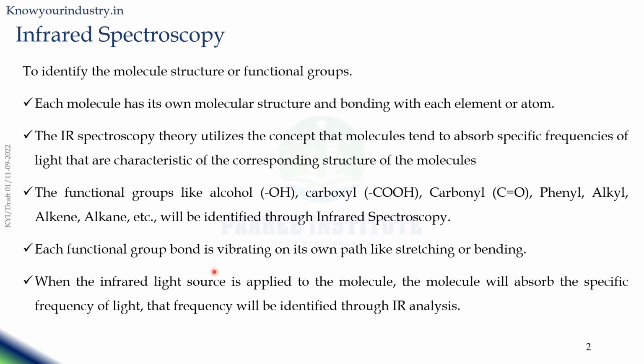Each functional group bond vibrates in its own way, like stretching or bending, as per the principles we have seen in the spectrophotometric method of analysis. When the infrared light source is applied, the molecule will absorb the specific frequency of light and the frequency will be identified through the infrared analysis.